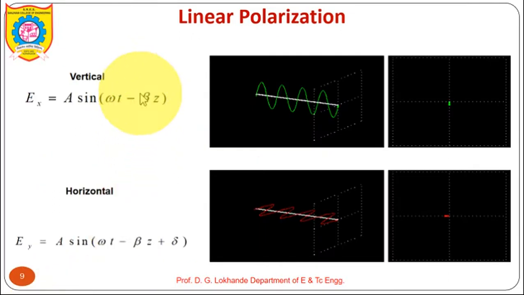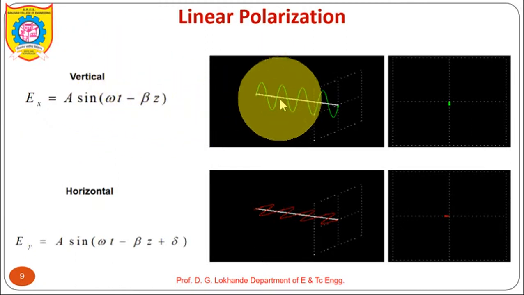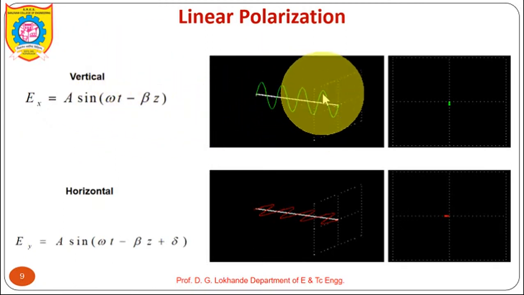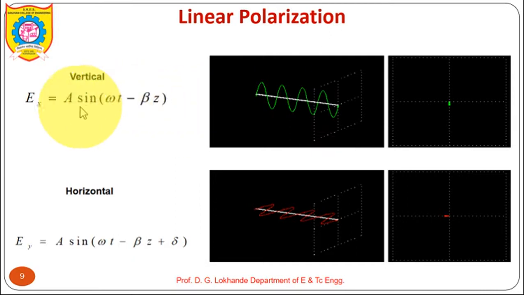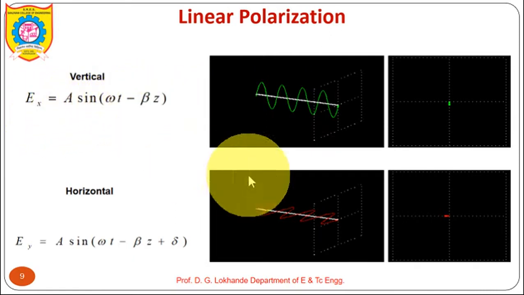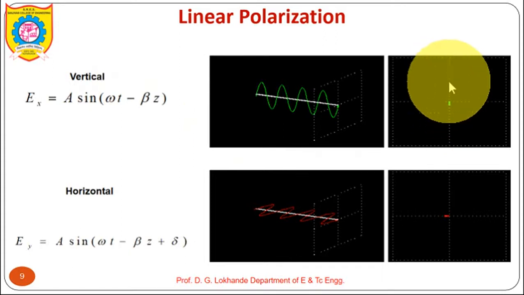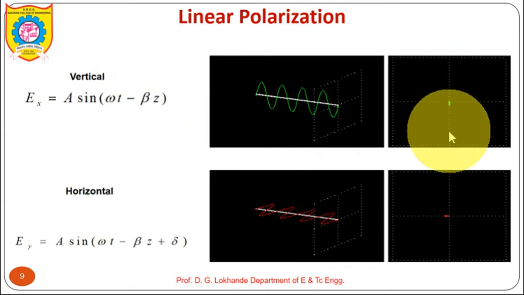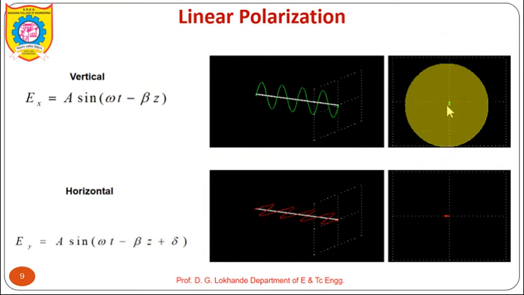In linear polarization, if it is vertical, you can see the green wave which is available in the vertical manner, and that's why its equation is A sin(omega t minus beta z). Here the movement of the vertical polarization takes place upward and downward.